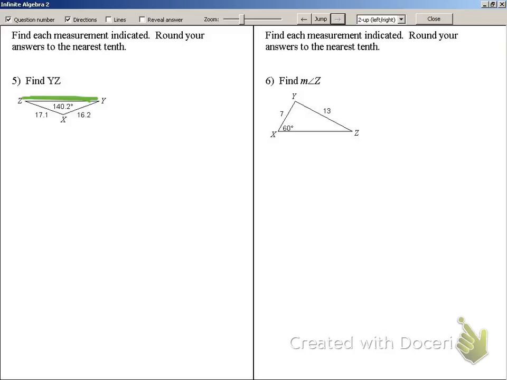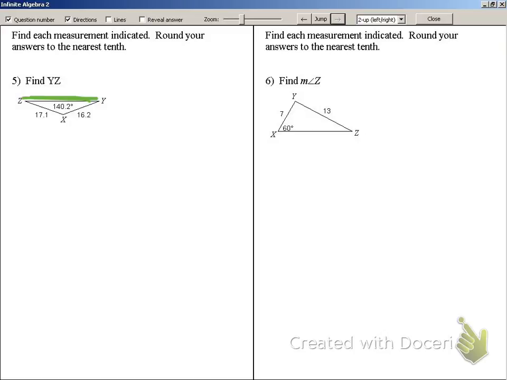I am given two sides and an angle. So that means that I need to use either the law of sines or the law of cosines. So we use the law of cosines in order to solve.